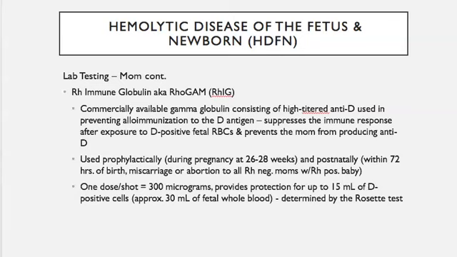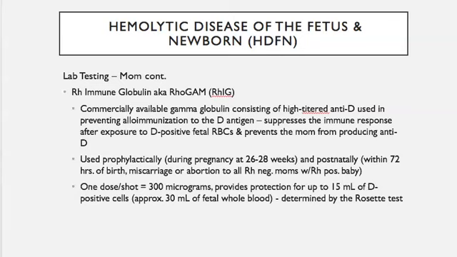Okay, so what is RhoGAM? RhoGAM is kind of the commercial name for Rh immune globulin. This is commercially available gamma globulin consisting of high titered anti-D. We use it to prevent alloimmunization to the D antigen. It suppresses the immune response after exposure to D positive fetal red cells and prevents mom from producing anti-D.